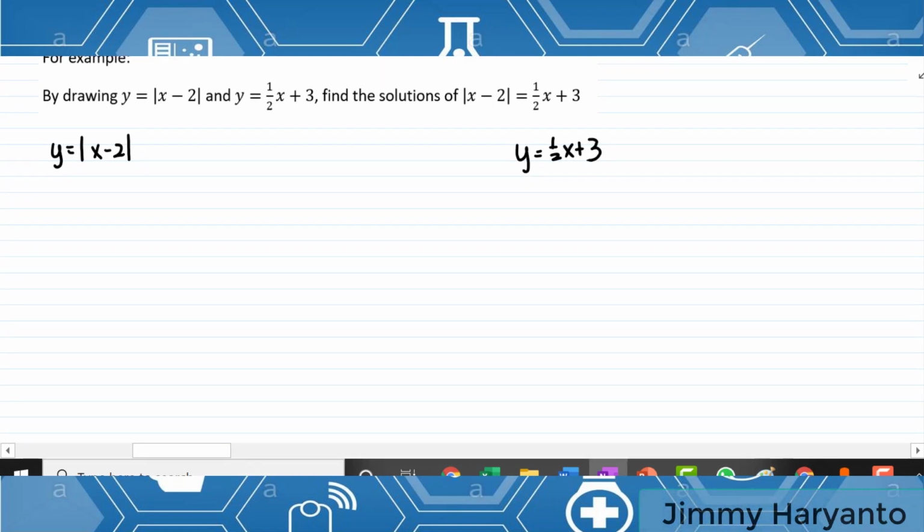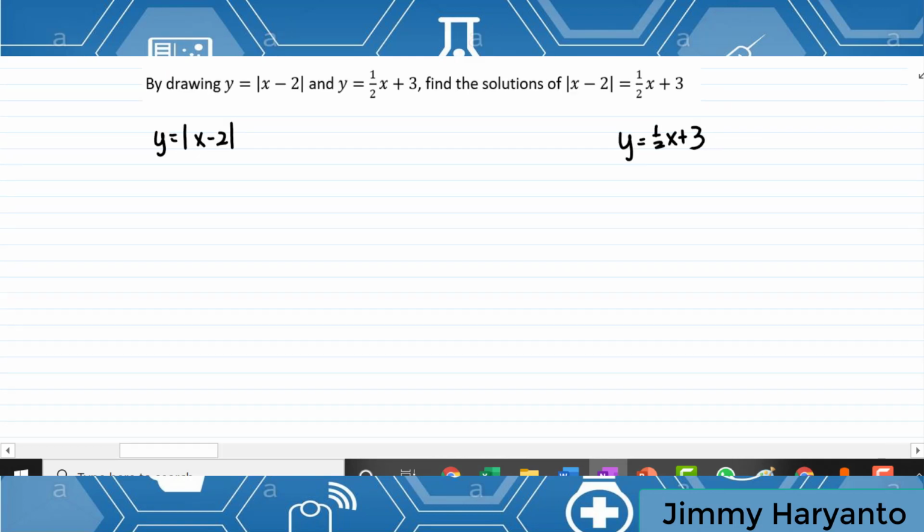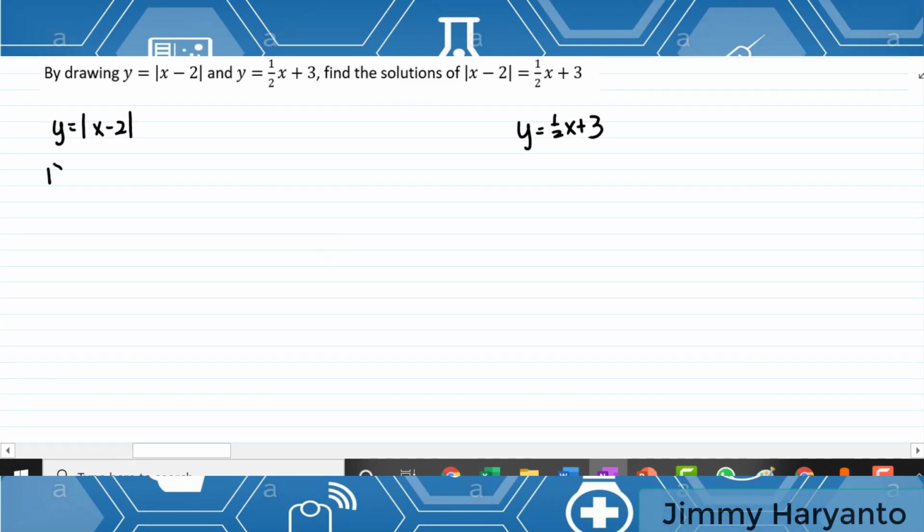It's a linear function, very easy to draw, but I want to focus on the absolute value of x minus 2. First we have to find the vertex. The vertex is where x minus 2 equals 0, so x equals 2, and the constant is 0.